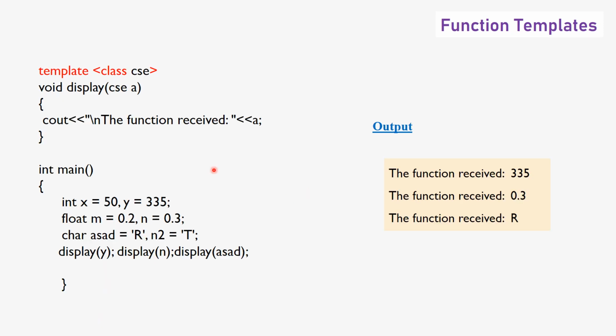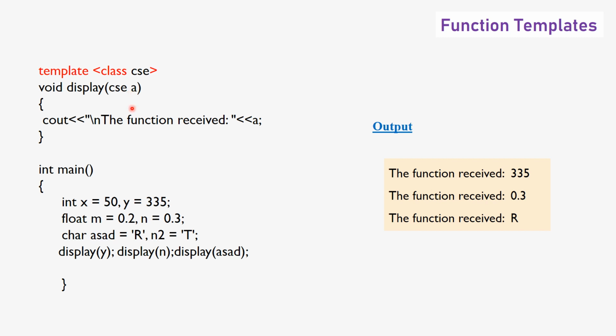Here we have another simple example. This time the type name is CSC, and the name of the function is display. So basically we will pass a variable of some type to a function, and it will display its value. Again we have two integers, two float variables, and two character variables. For this statement, when we pass y, which is an integer, CSC becomes integer.